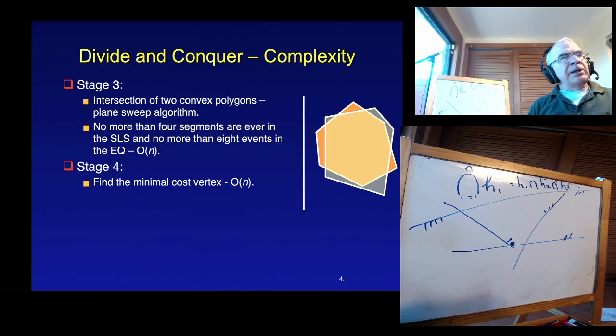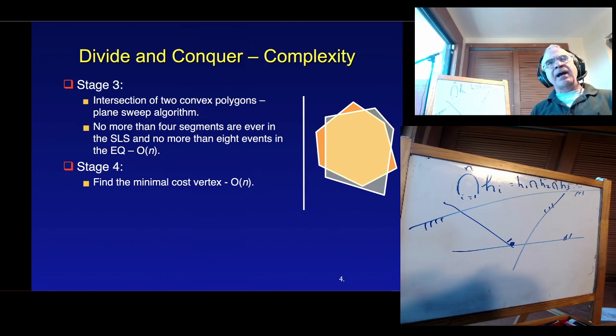We didn't speak enough about lower bounds, but to find this intersection, you can show it's not simpler than sorting the half planes.